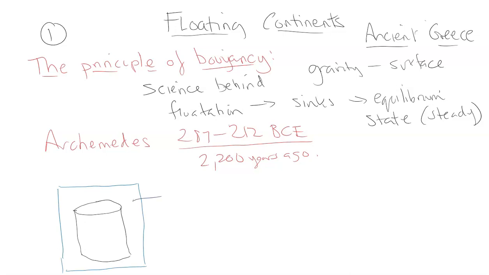So he observed that inside a fluid, let's just say water for now, you put a cylinder, you put a mass or an object of certain mass. Let's just put a mass m. There's going to be two forces acting upon the object inside the fluid.